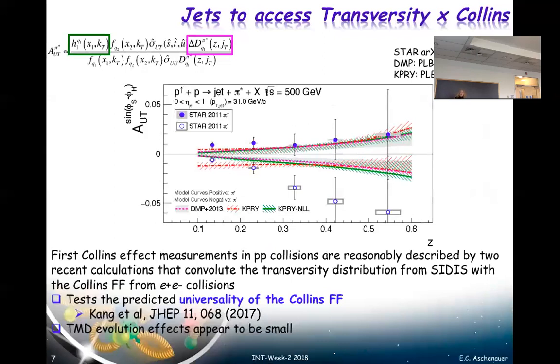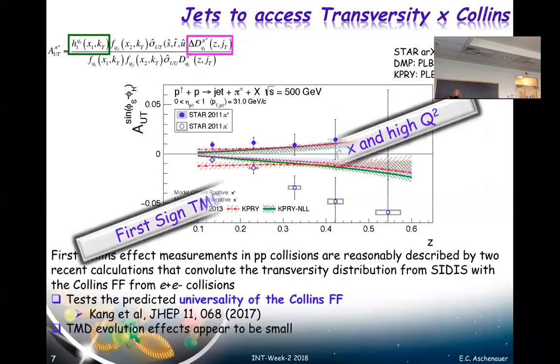And so this luminosity is limited. It's 22 inverse picobarn. With run 17, we have a factor of 14 more luminosity. Just think about this. So the error bars here will shrink enormously, by a factor of 3 and more, so you will get very precise data on this.